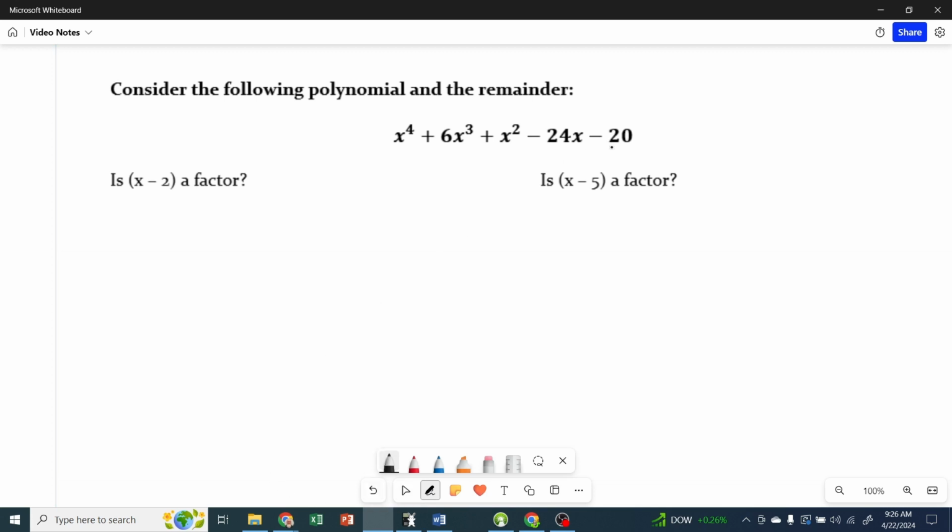Now my guess would be quite possibly because the last number is -20. But we can't automatically assume that it is. So we put our 0 in here, 2, and we've got 1, 6, 1, -24, -20.